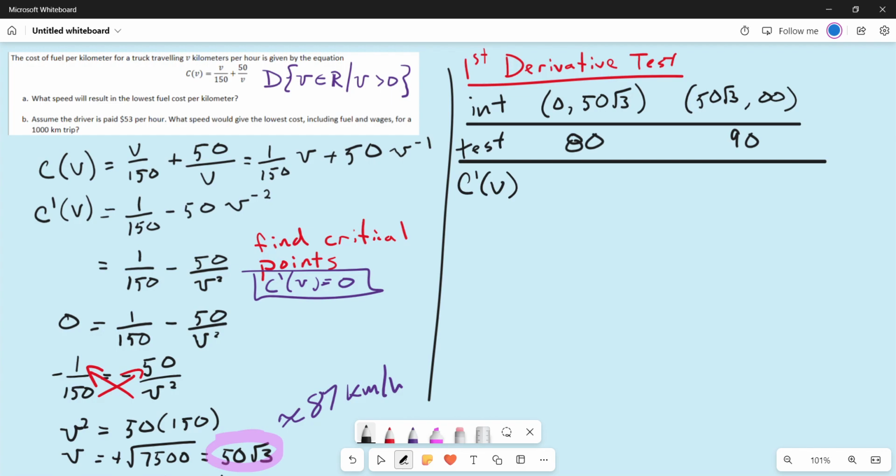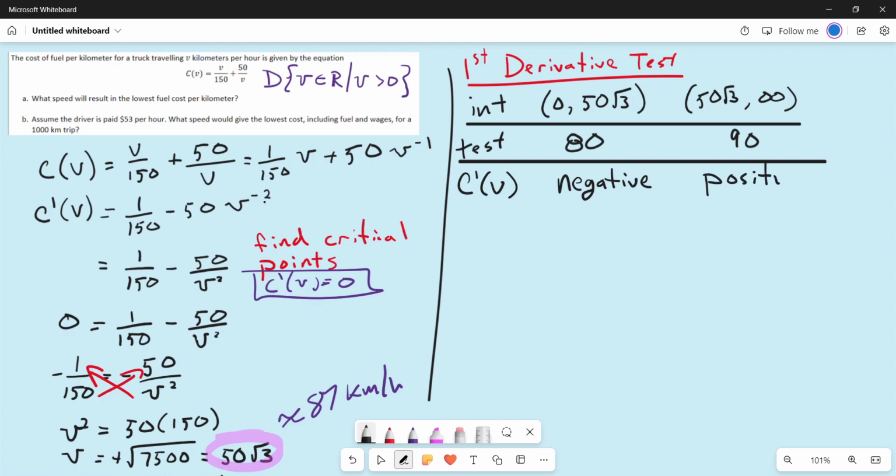When we plug 80 into it, we get a very small negative number, so we can just say that's negative. And when we put 90 into the derivative, we get a positive.